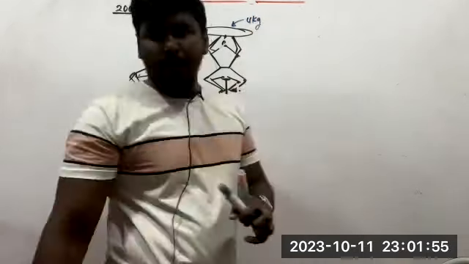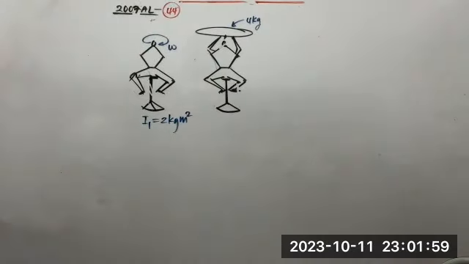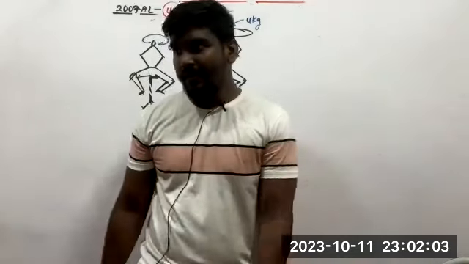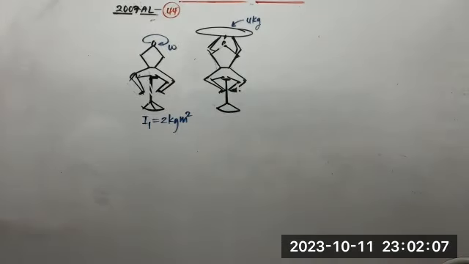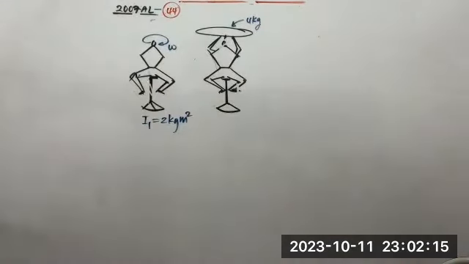So tell me, what is the equation we learned to find the moment of inertia for a ring? Is it half mr squared or mr squared?